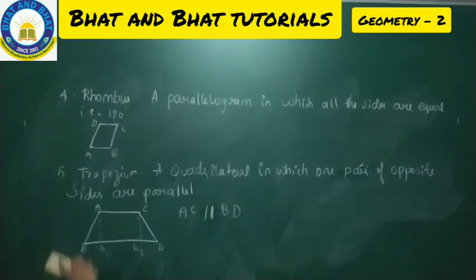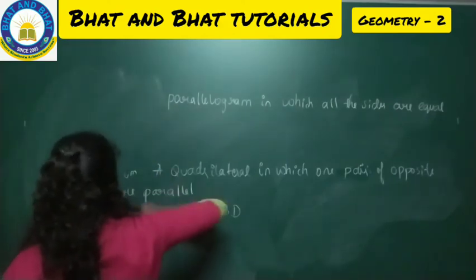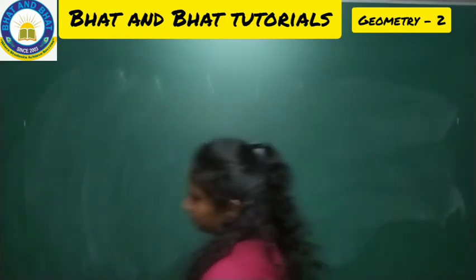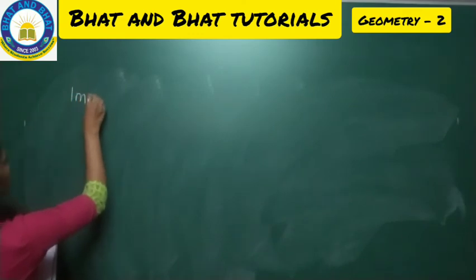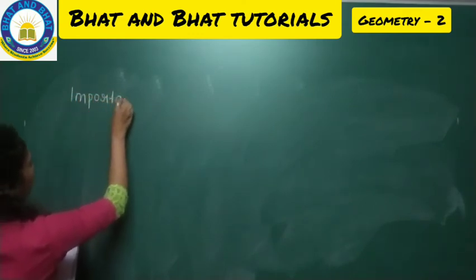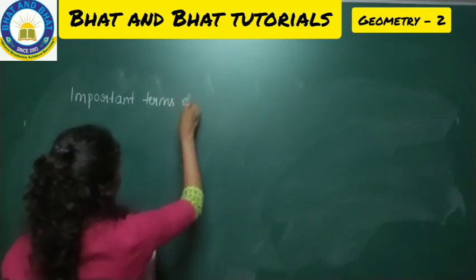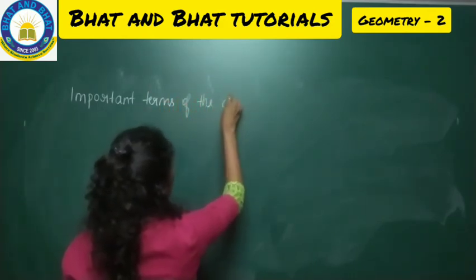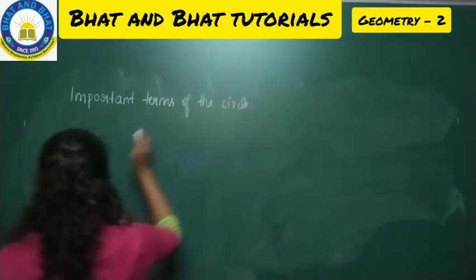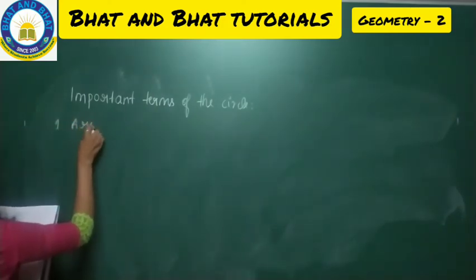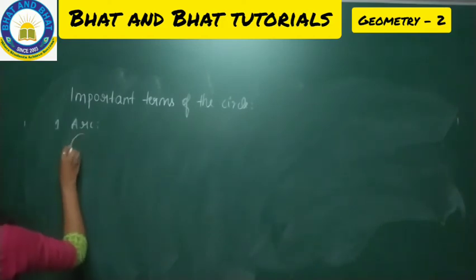And the next concept that we start learning is the circle. So let us see the important terms of the circle now. The first one is arc, A-R-C. How will you draw the arc?